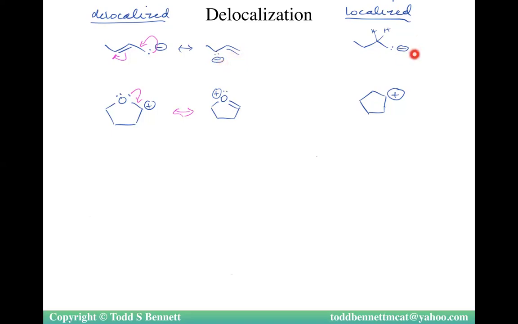Notice that that is different than this one. This lone pair right here, there is no pi bond to donate into. There's no p orbital to share into. So it cannot resonate. It's stuck on one atom. It can't resonate over to others. Whereas this negative charge can resonate back and forth. This is a localized charge. This is a delocalized or resonating charge.